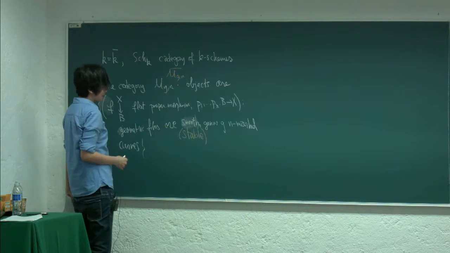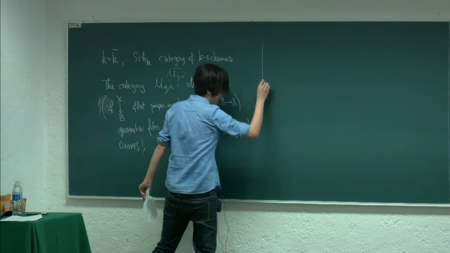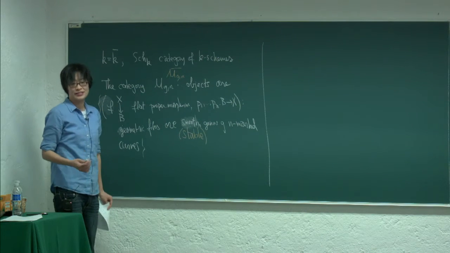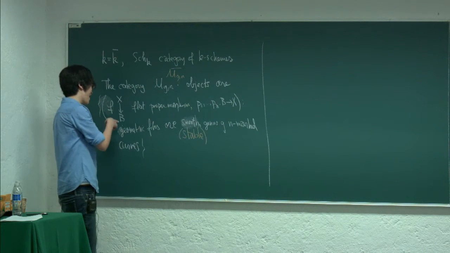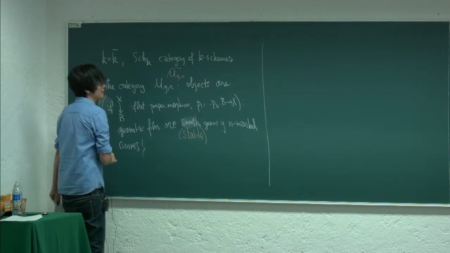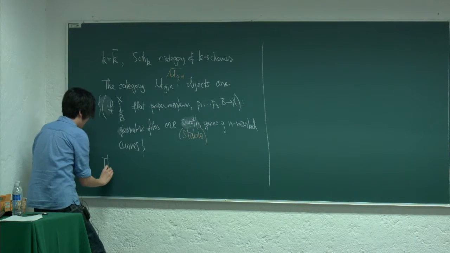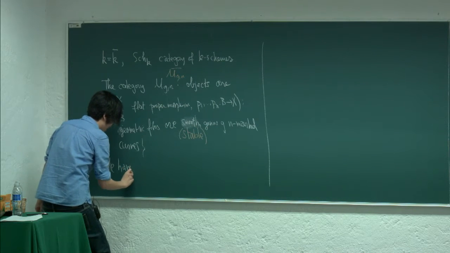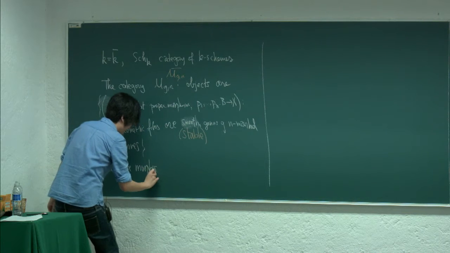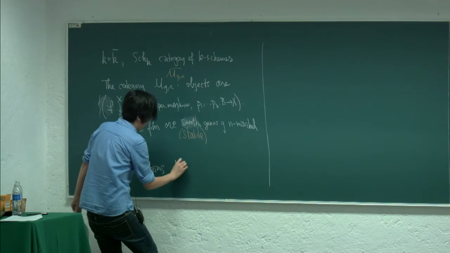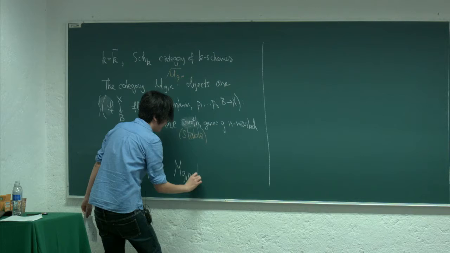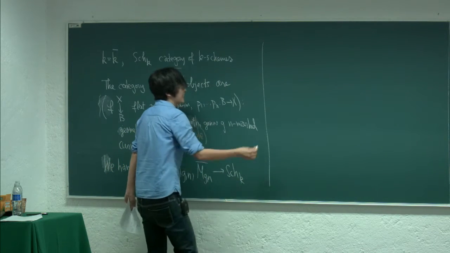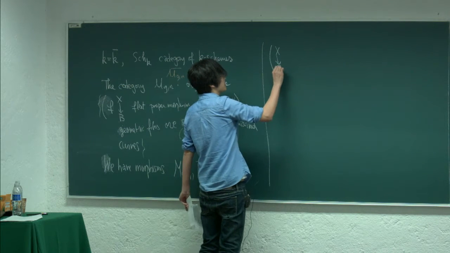Now, these categories come with natural morphisms, natural transformations to the category of K schemes, where you take one of these families and you just remember the base scheme. So let's just recall that. So we have morphisms, which are the obvious morphisms from MGN or MGN bar, taking a family to its base.